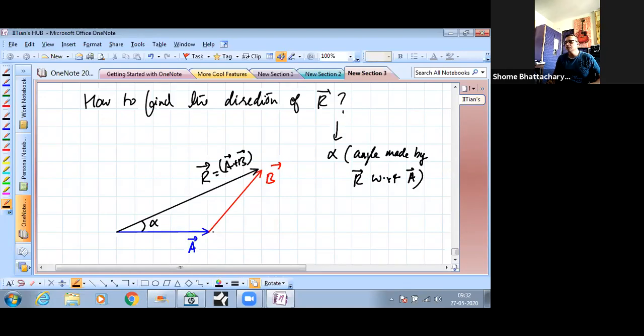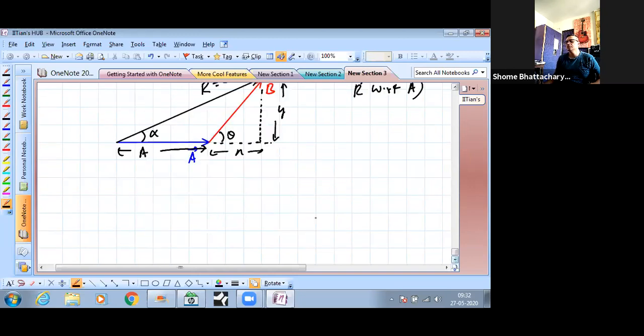So coming back to this triangle here, see, this angle was theta, this was x, and this was y. And this length here was the magnitude of the vector B. So again, now what we need to do is apply trigonometry to the larger triangle to find alpha.